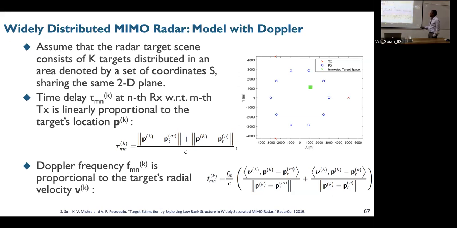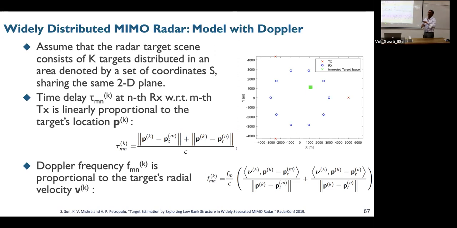Then you would have the Doppler, which is projected onto the radial direction here. And so this would be the Doppler frequency that you would see for the mth pair.